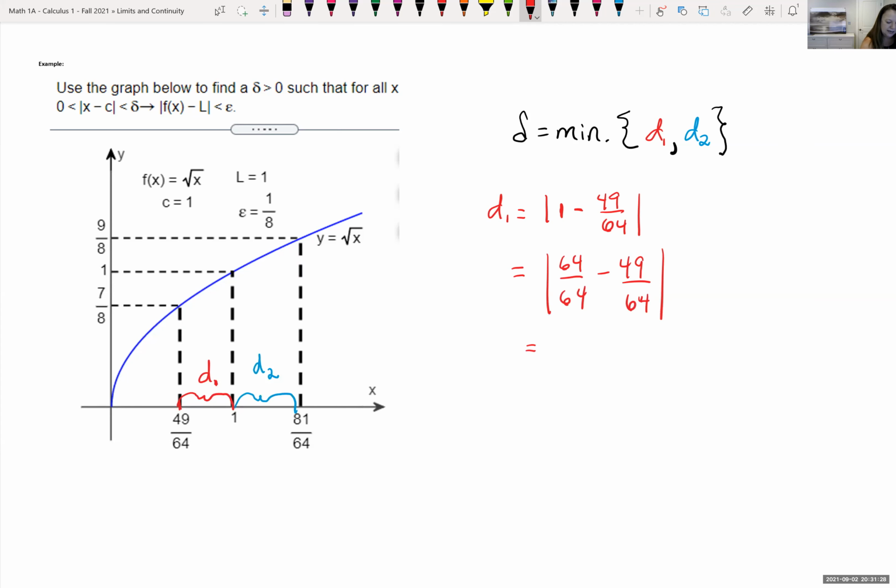Well, 64 minus 49 is 15 all over 64. Okay, so we have delta is equal to the minimum of 15/64.